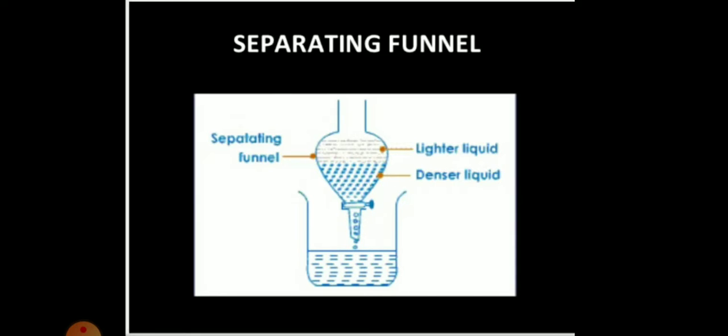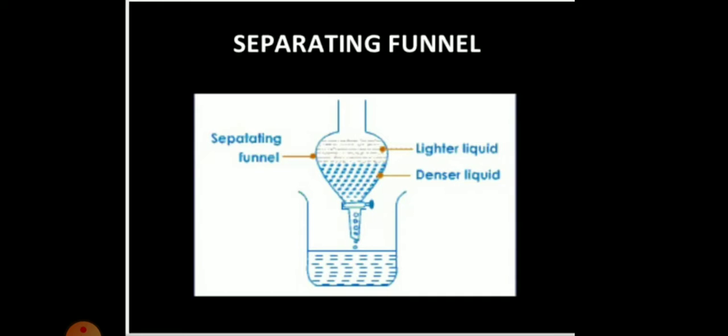On standing for some time, the lower layer is run out through the tap and collected in another beaker, which you see in this diagram. So children, the upper layer remains in the separating funnel, and it is run out by opening the tap and collected in a separate beaker.